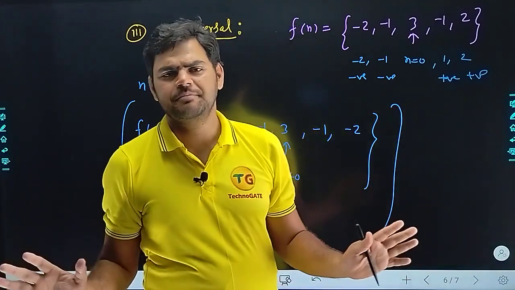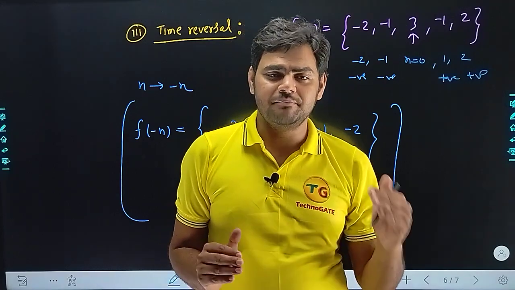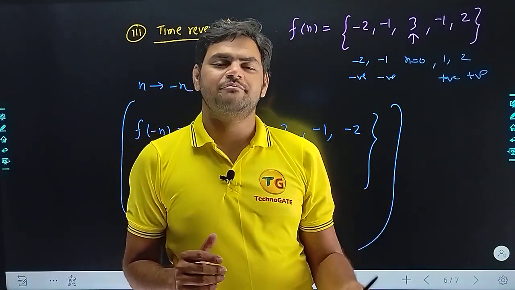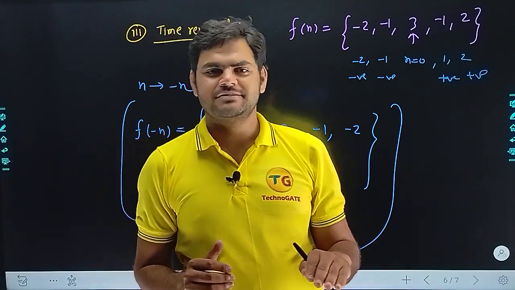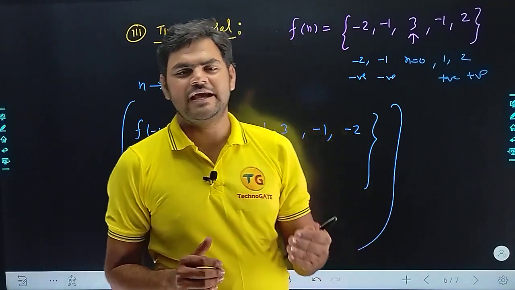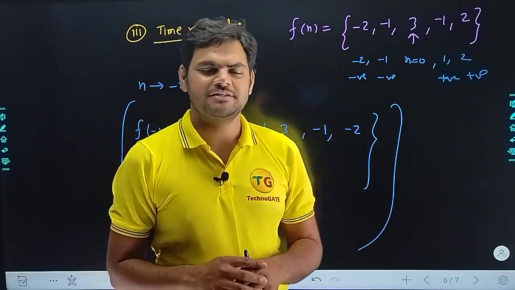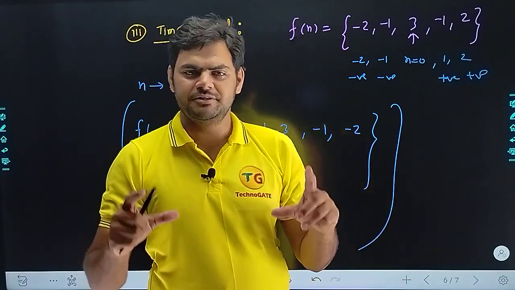You should come having revised the continuous time scale, where we performed the combination of operations: time shifting and time scaling simultaneously, time shifting and time reversal simultaneously, and all three operations simultaneously. What are their rules? What are their precautions? You should come with the revision.